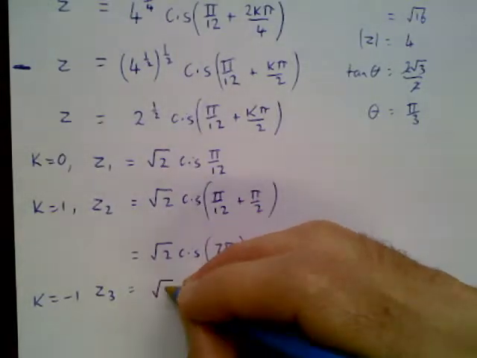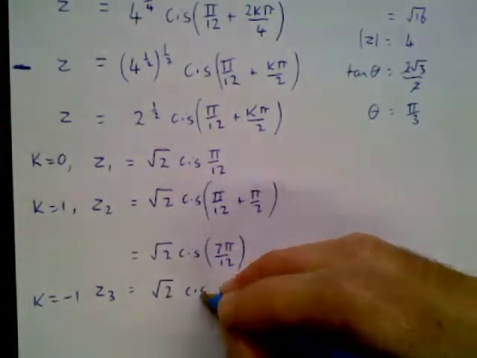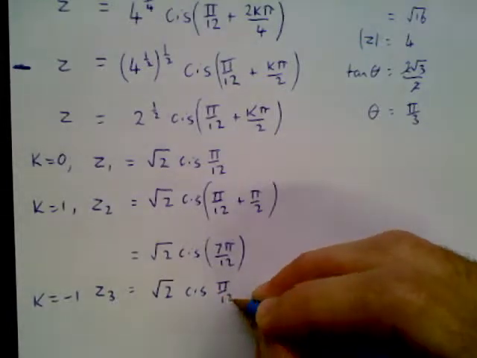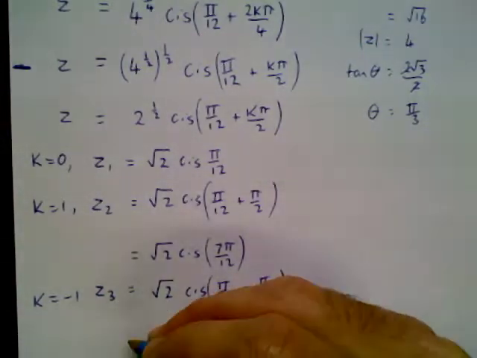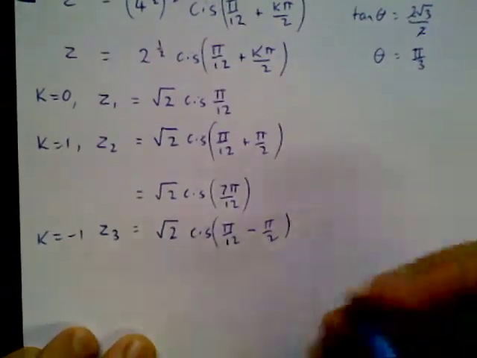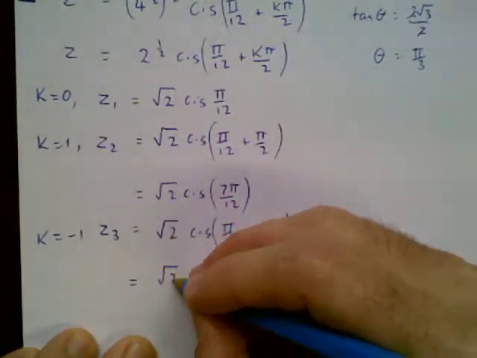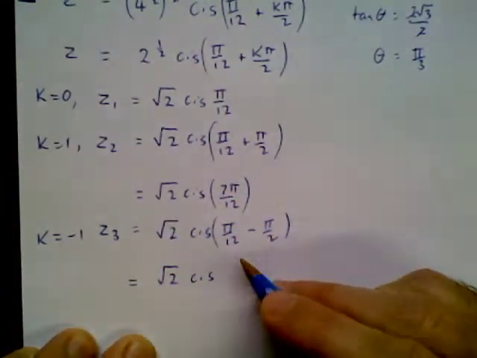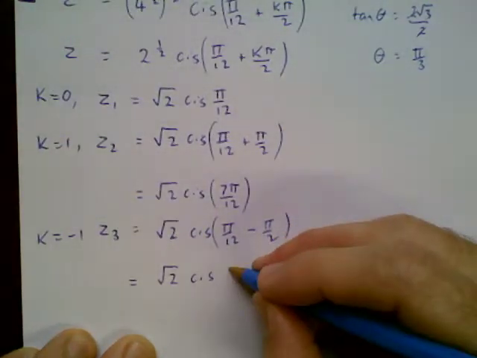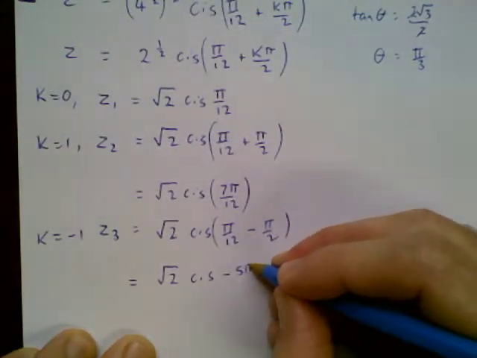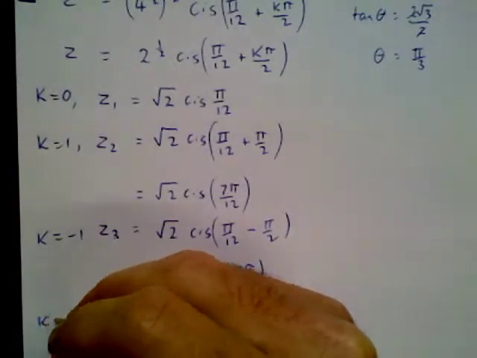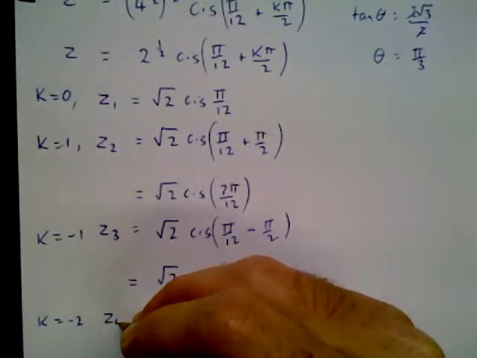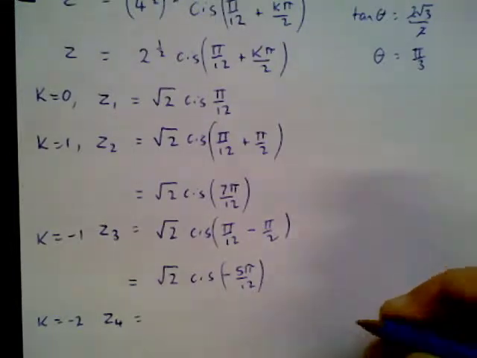That'll give us root 2 cis pi on 12, take pi on 2, and that equals root 2 cis, pi on 12 take 6 pi on 12, so that'll be -5 pi on 12. And then finally, for when k is equal to -2, we'll get our final solution.